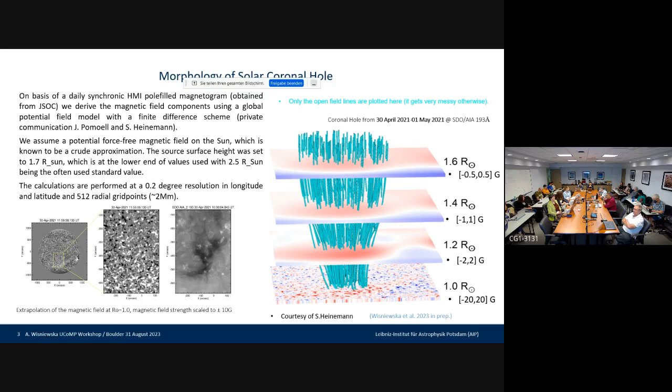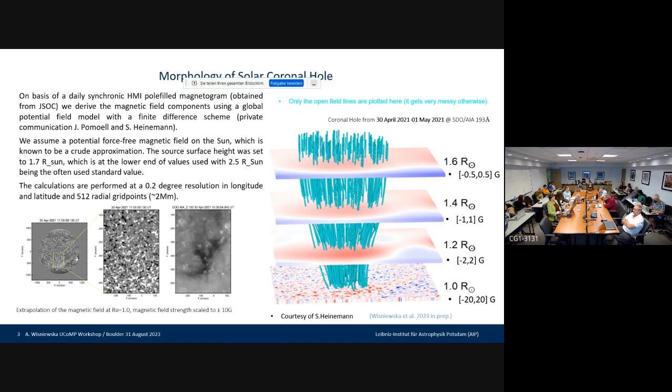We also used the data from HMI and derived the magnetic field components using also PFSS with a finite difference scheme. This was done by one of my collaborators, Stefan Heinemann.